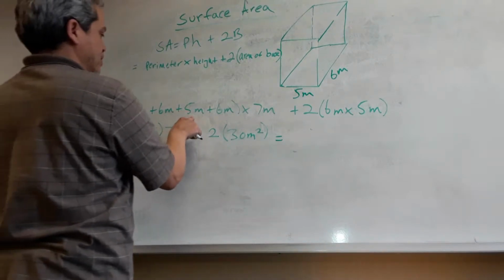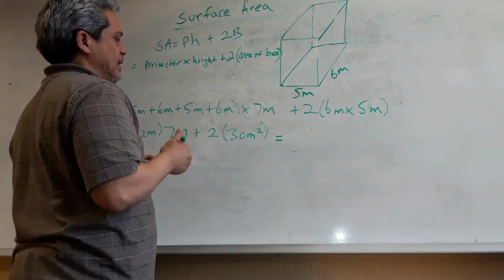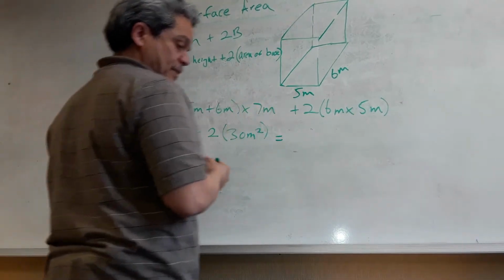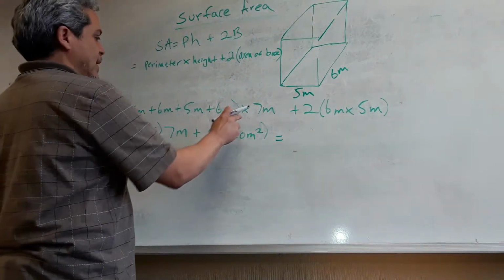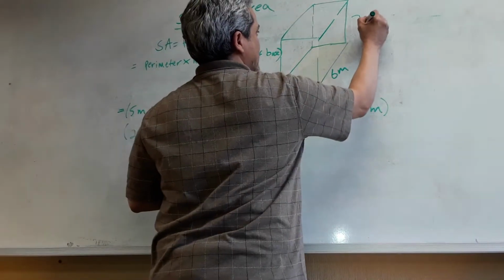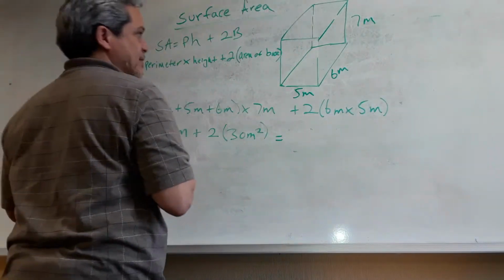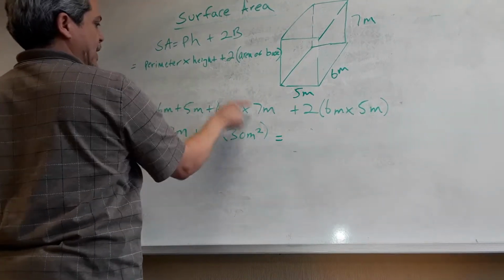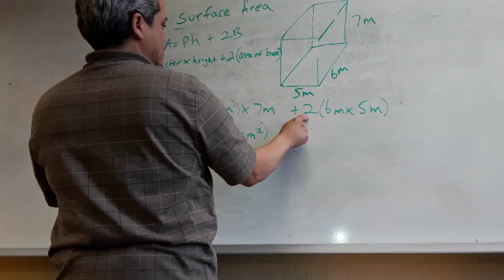That's how we get the perimeter. And then we multiply by the height, which is 7 meters. Plus the 2 bases.